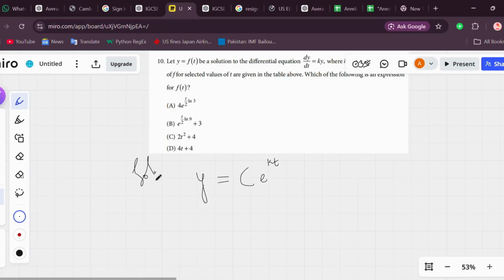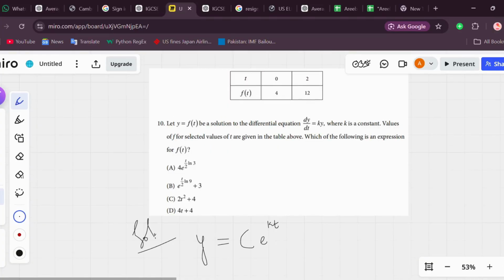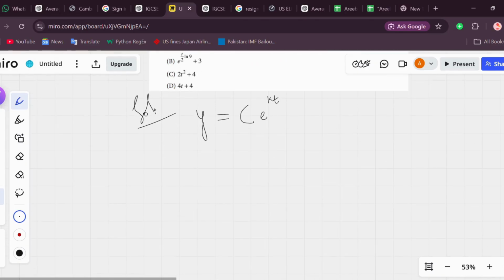So f of 0 equals 4. In the table given, f of 0 equals 4, which means that y equals 4, because y is the output, the resultant.